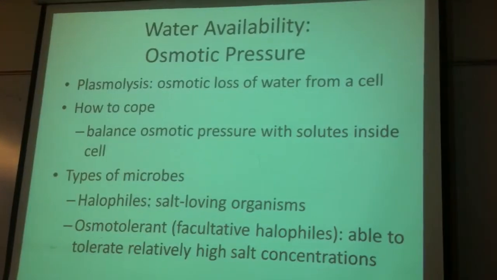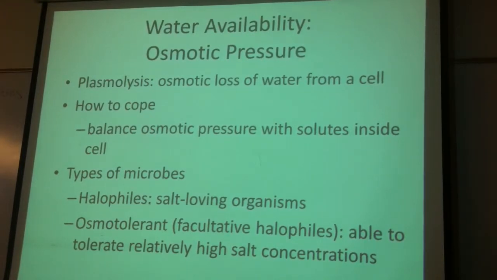And if you're not able to regulate that water, you start to have some issues. So we have osmotic loss from a cell. If you start to lose water from a cell, you need to try to balance that osmotic pressure. And some organisms have actually figured this out.